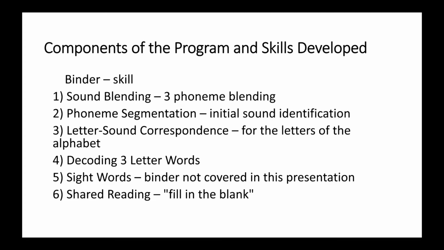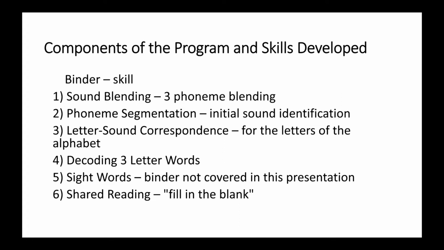The fourth binder is decoding 3-letter words. And the next binders focus on the application of decoding skills and the reading and understanding of simple texts. The ability to apply skills to sound out selected words during book reading. The fifth binder, sight words, won't be covered in our sessions, but we will discuss this further.